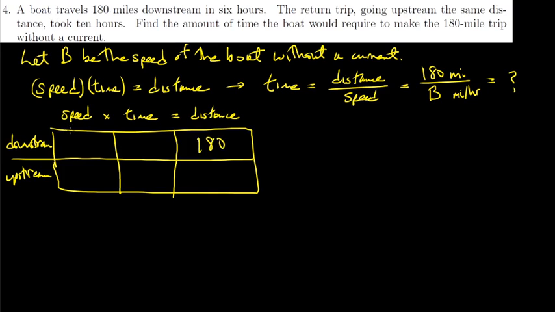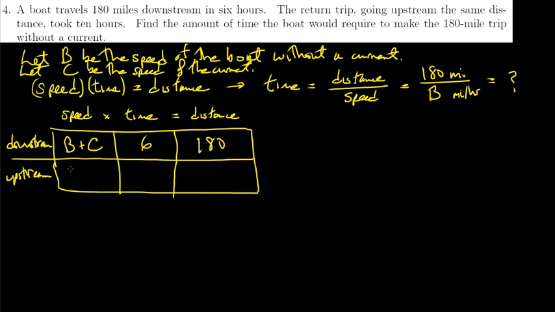Going downstream, the speed is B plus the speed of the current, which we don't know, so let C be the speed of the current. The time is 6 hours downstream.